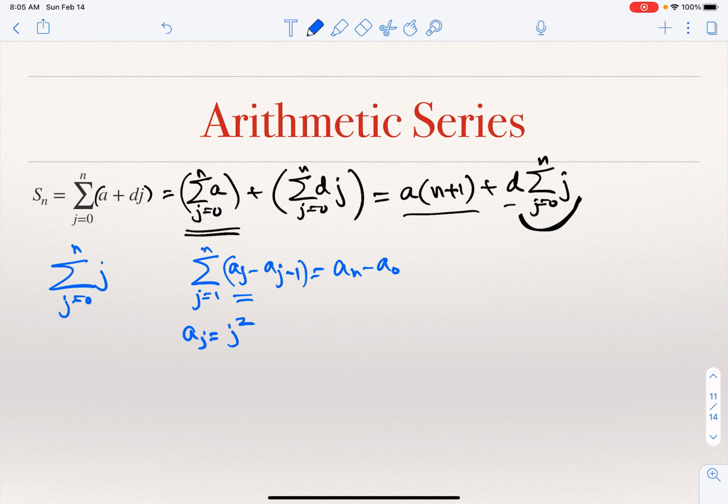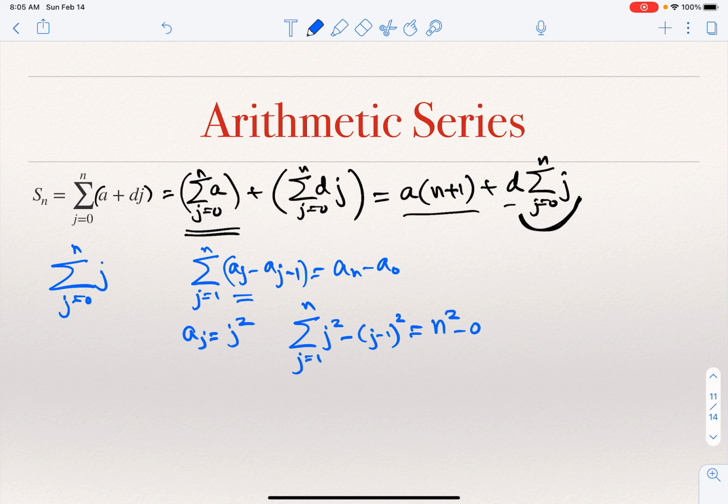So now, under the telescoping sum, the sum of j squared minus (j minus 1) squared, from j equal 1 to n, would be a_n minus a_0. a_n would be n squared, and a_0, when j is 0, is 0. Okay, so minus 0 here. Now look at the sum on the left.